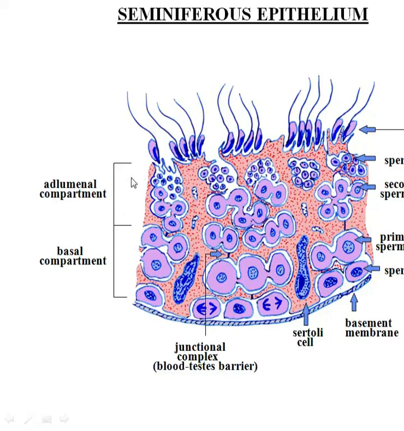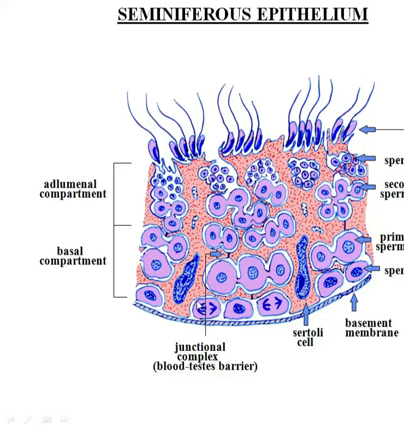So you can separate this layer of the seminiferous tubule into two parts: a basal component and an adluminal component, towards the lumen, the cavity, and towards the basement. Now, these Sertoli cells are there, and all these spermatogonia are embedded in the Sertoli cell.